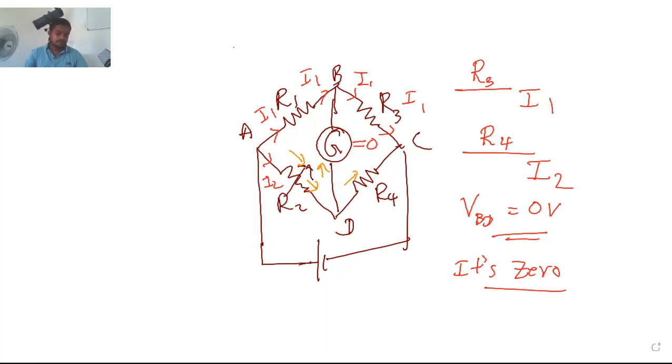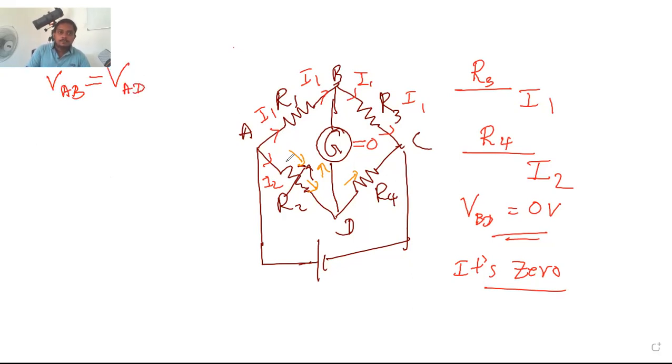We get VAB is equal to VAD, as I discussed earlier.